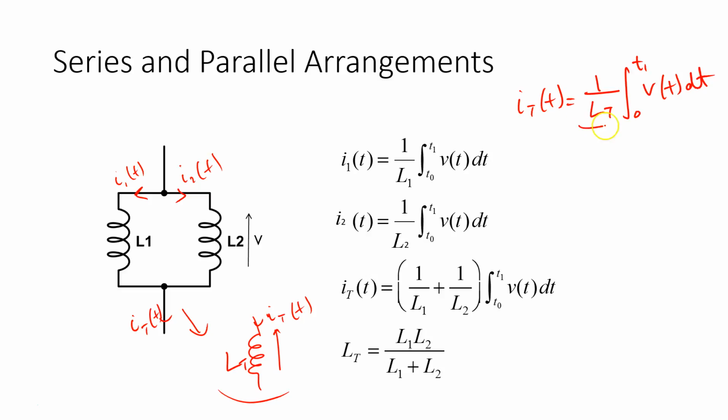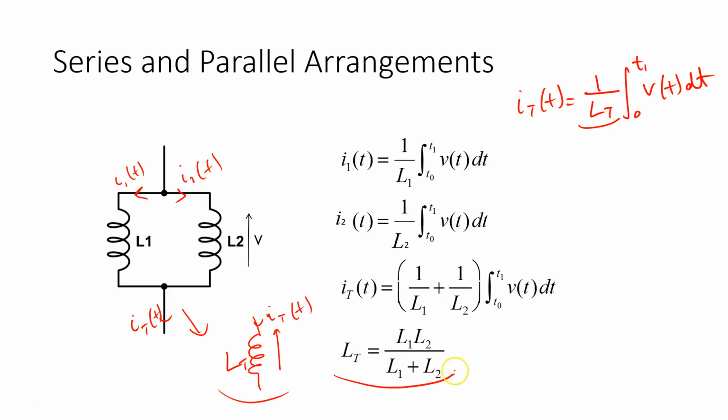So I could see here now that 1 on LT is equal to 1 on L1 plus 1 on L2. And if I make that the subject of the formula, I'll get LT is L1 L2 on L1 plus L2, product over sum. So the same result as we had for resistors.